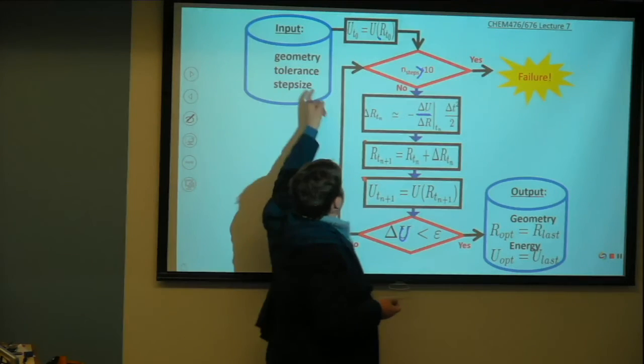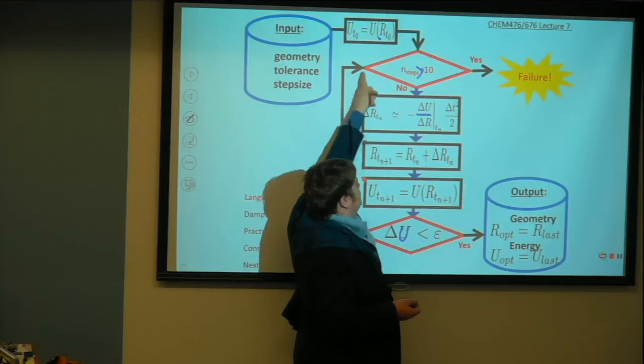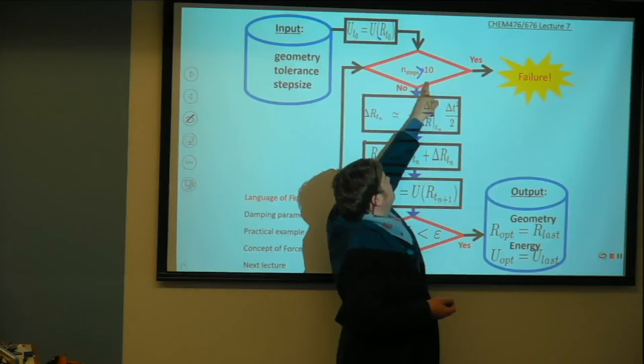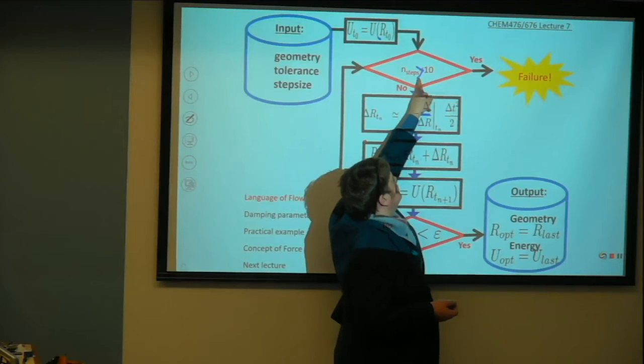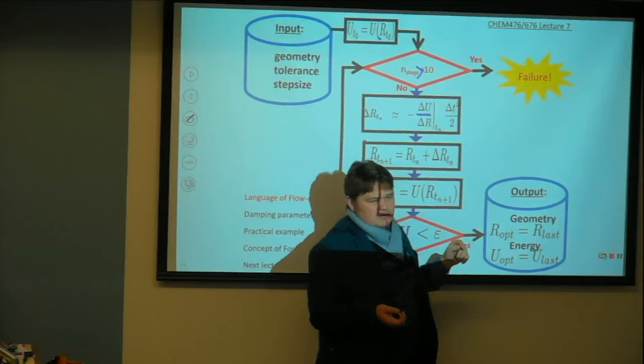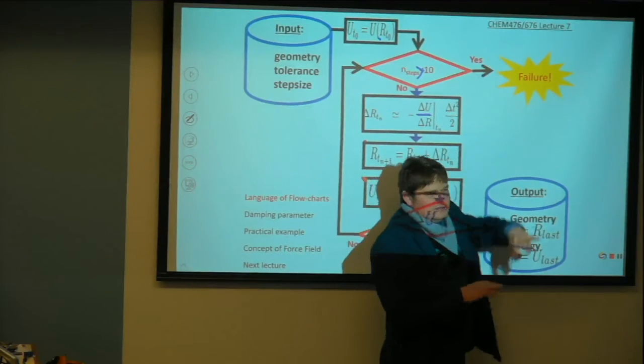So we will start from something and then we will go into a cycle, repeating certain procedure several times. And we can check at the very beginning if we are already repeating the procedure more than 10 times, it's called a bad algorithm or bad system, and one needs to report failure and stop any attempts.